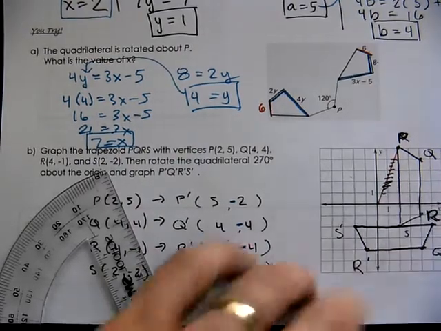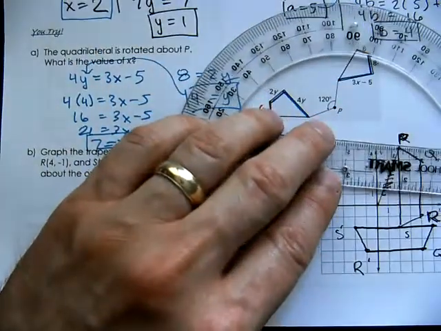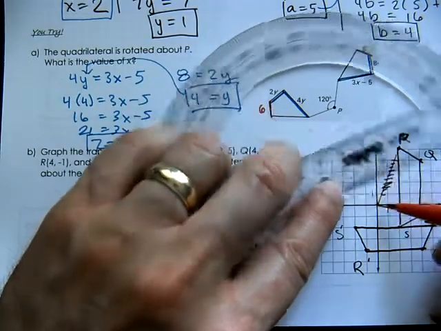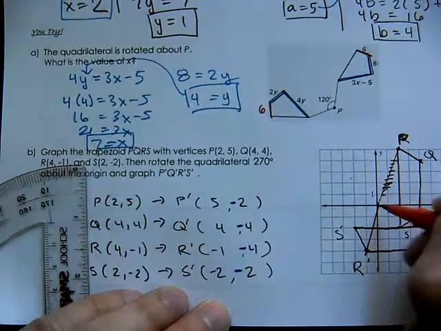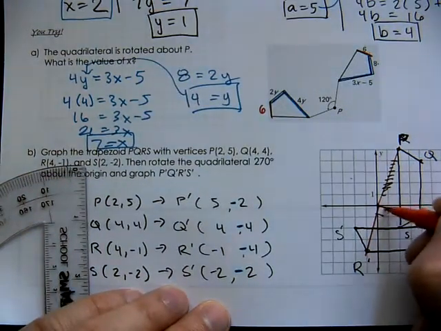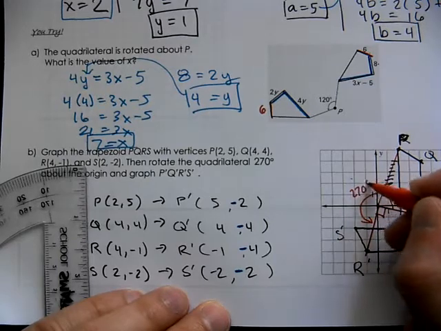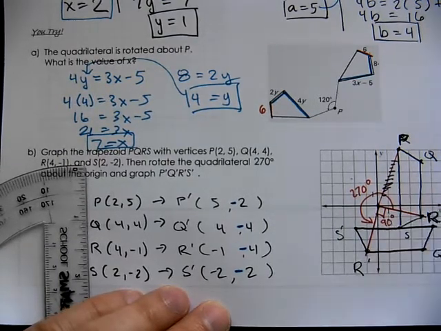Let's scratch that one out. If I draw a construction line to point R, there, that's what we want to look at, and then R prime, what you should see here is that we have perpendicular lines, and that's exactly right. That's our 270-degree rotation, which means on the inside here that's 90 degrees. And there we go.